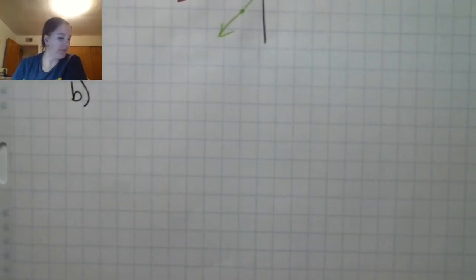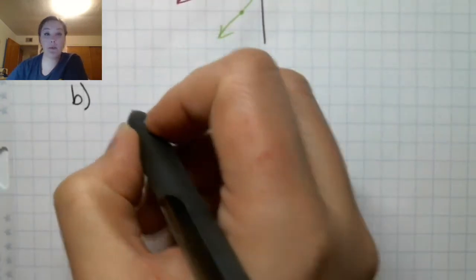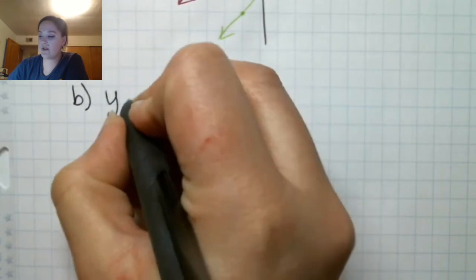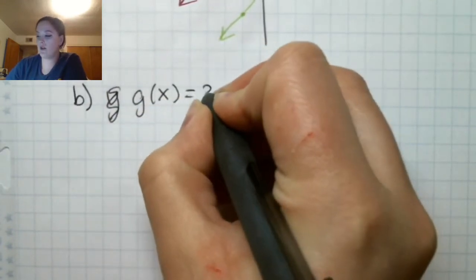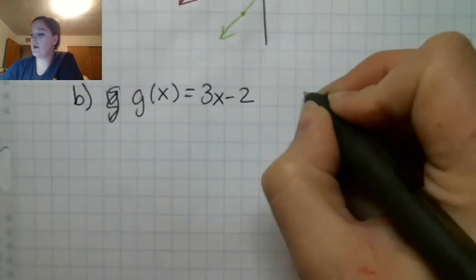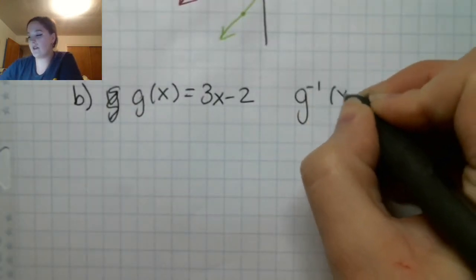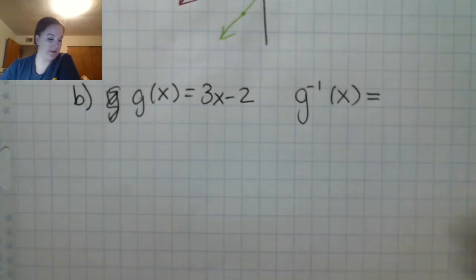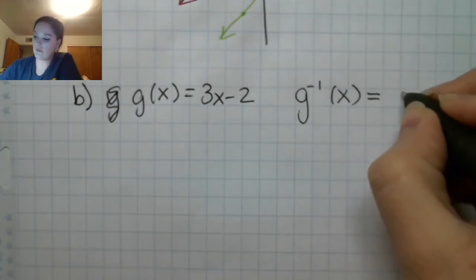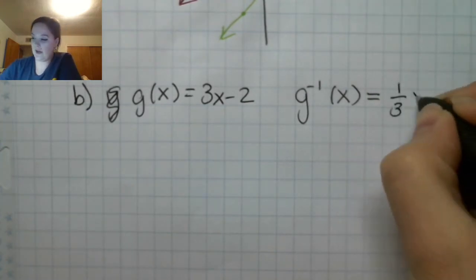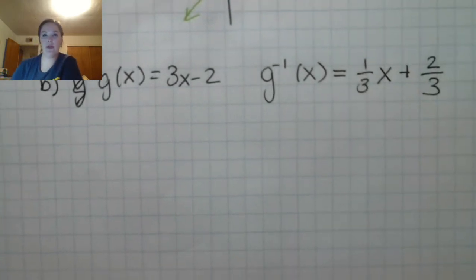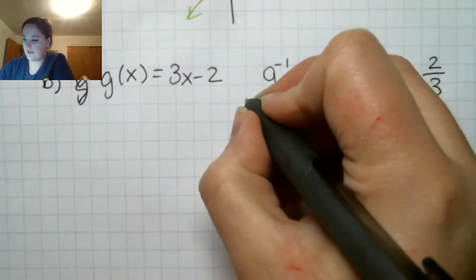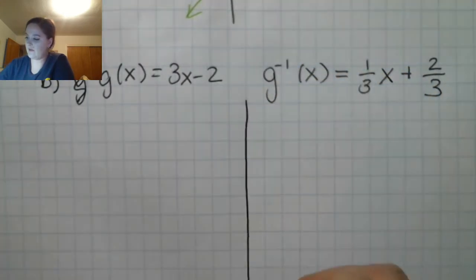We're going to do the example from part B in the previous example, which was g of x is 3x minus 2, and g inverse of x is 1/3 x plus 2/3. We're going to graph these two.